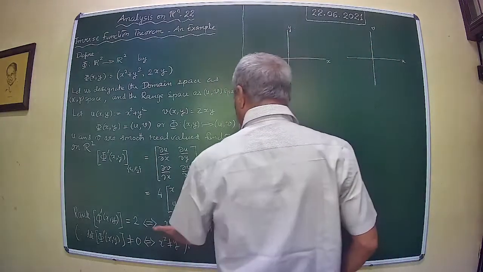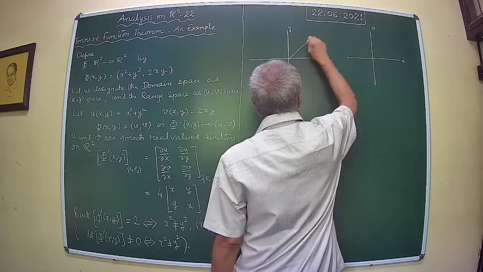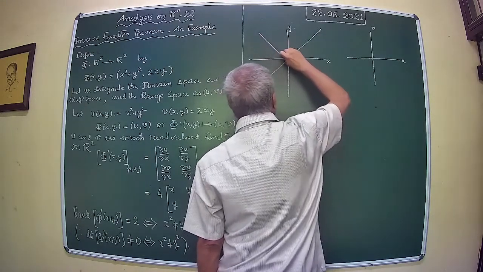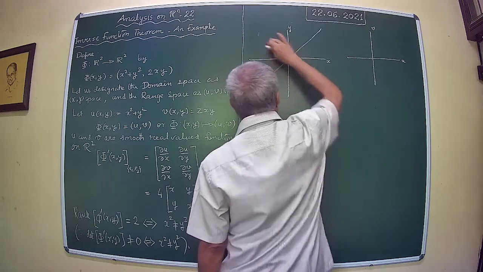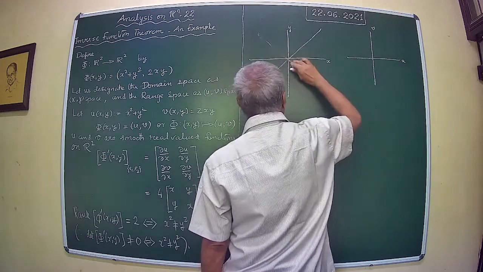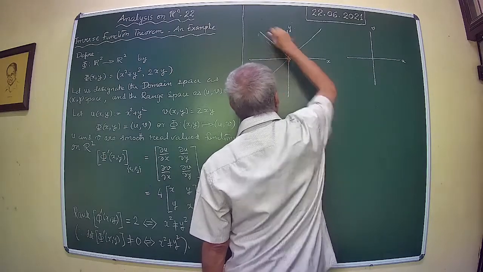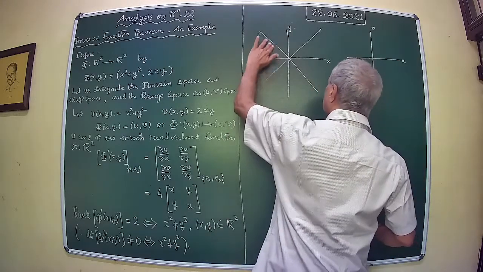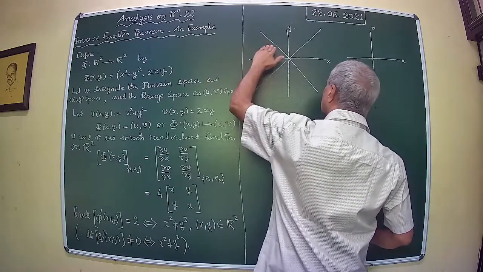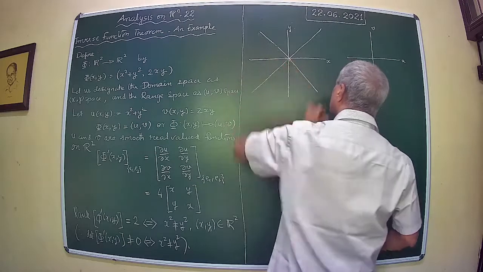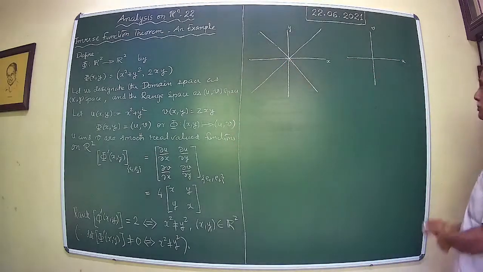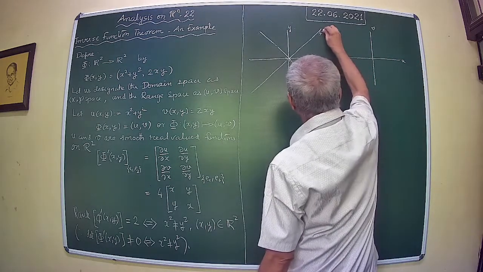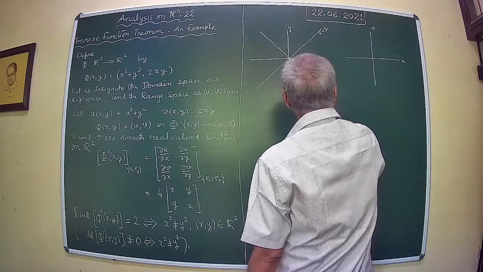And x square equal to y square is this line, x equal to y and x equal to minus y, this pair of lines passing through the origin correspond to... so this is x equal to y, this is x equal to minus y.